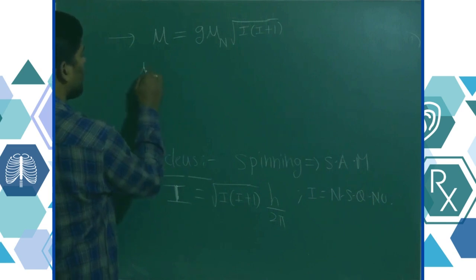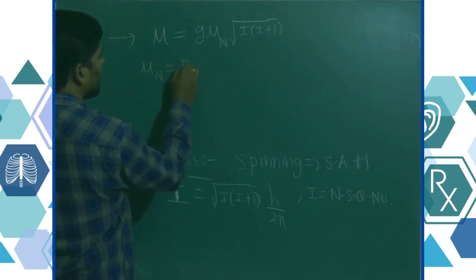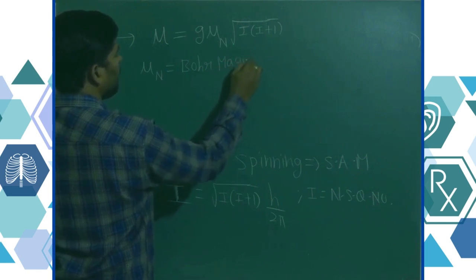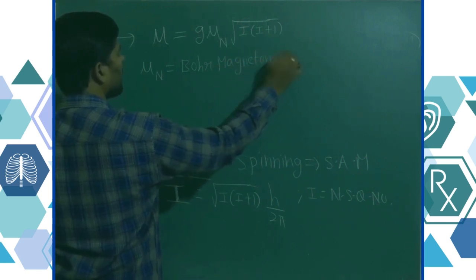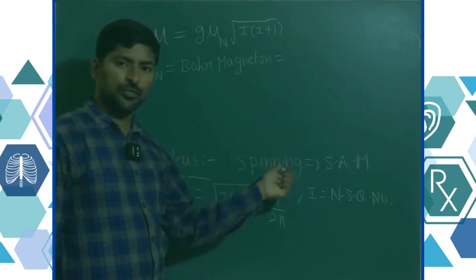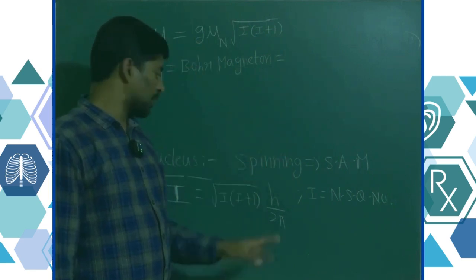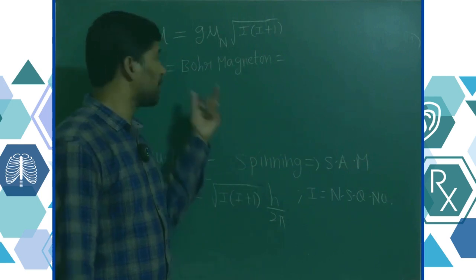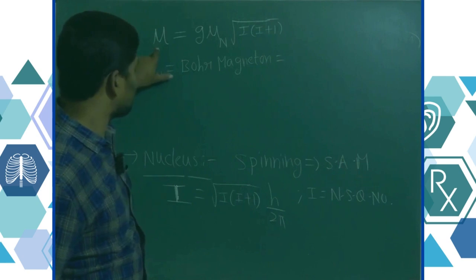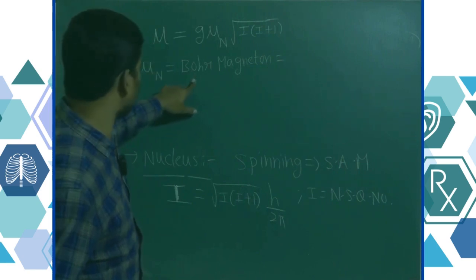Mu n is called the nuclear Bohr magneton. This is a basic unit we follow to express magnetic moment. Nucleus possesses both spin angular momentum and magnetic moment. This is the formula for spin angular momentum, and this is the expression for magnetic moment.